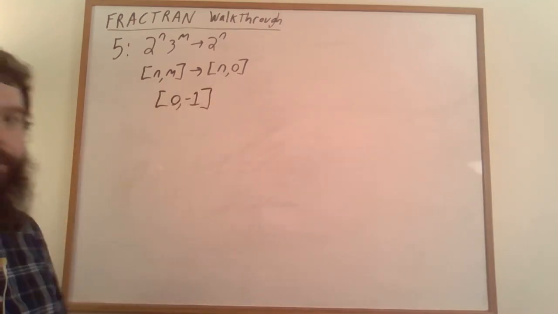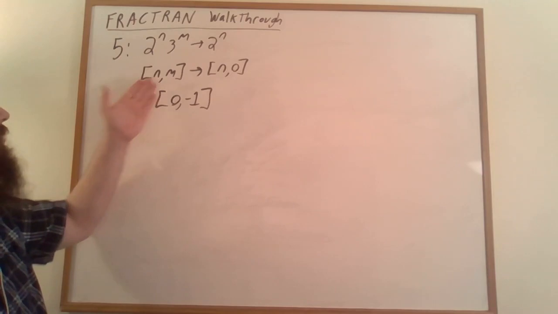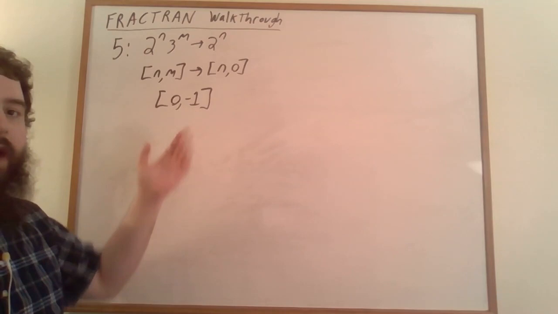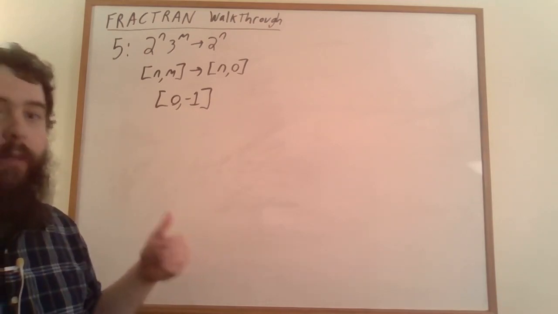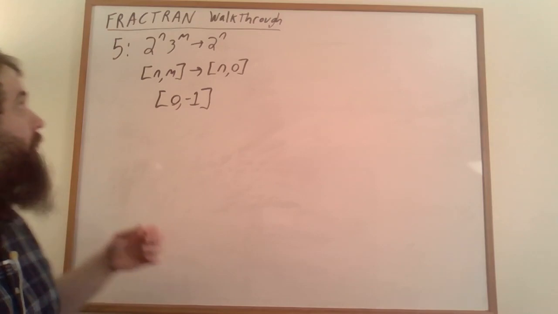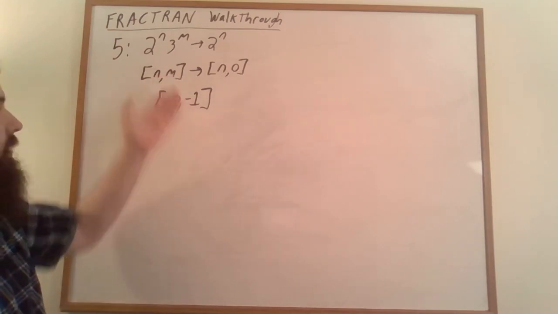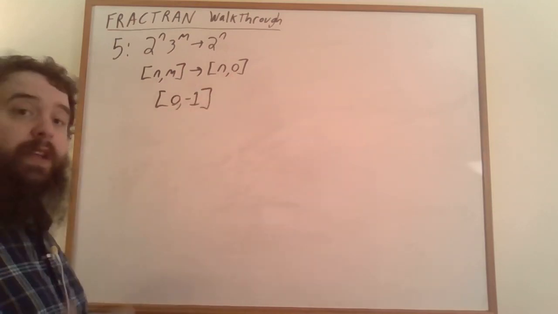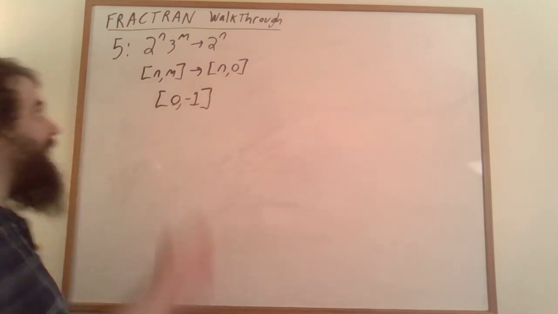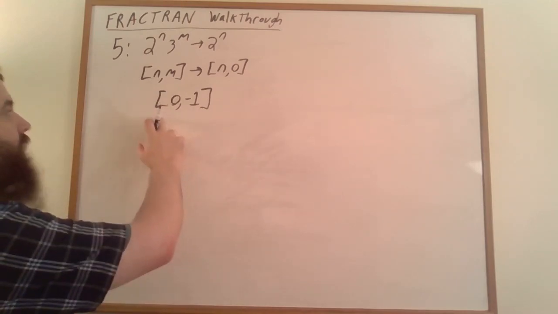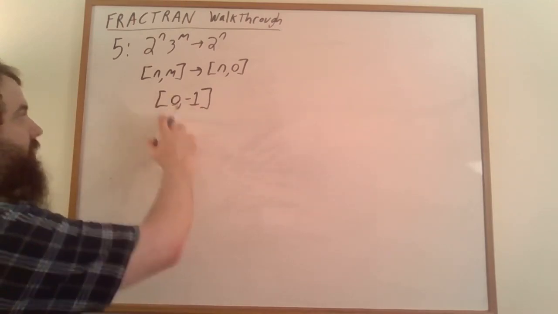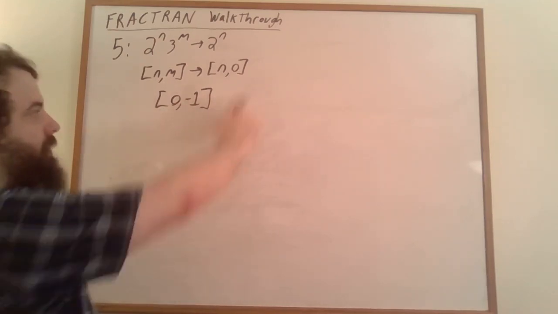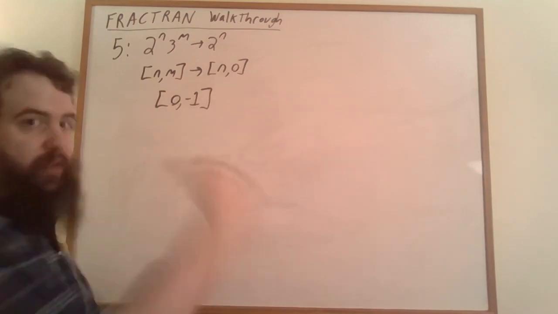(0, -1). If we take a vector of two non-negative numbers and continue adding (0, -1) to that vector until we can't anymore without making one of those numbers negative, that's going to take this m and gradually, one by one, decrease it until it's equal to 0. We can translate this back into FRACTRAN by taking these numbers as the powers of respective primes. So 2 to the 0, 3 to the -1st, 5 to, if there was another number, 7 to that, 11 to that, and so on and so forth.